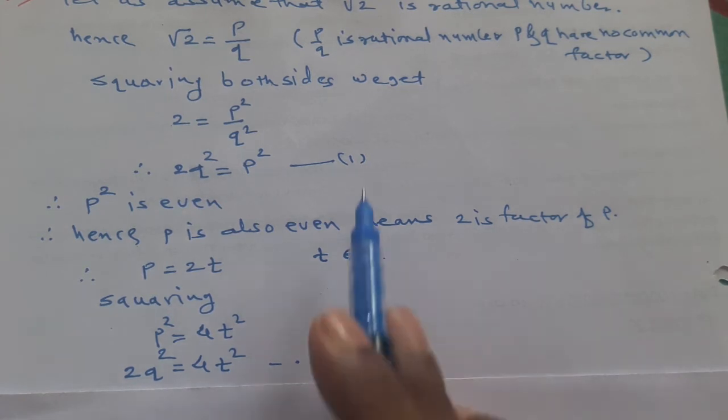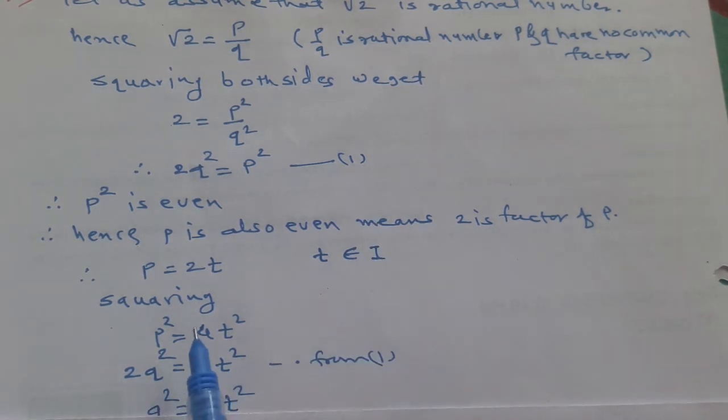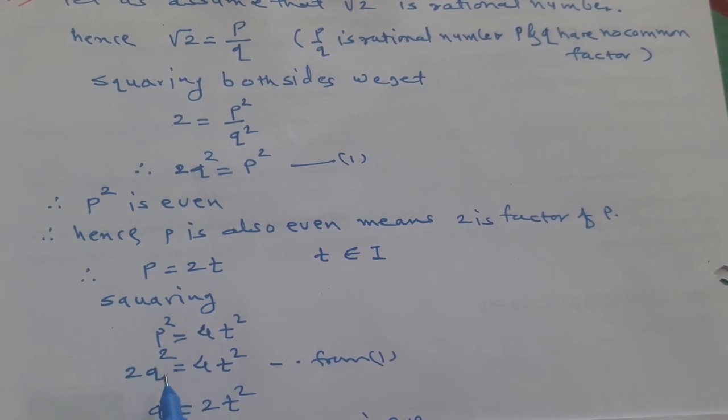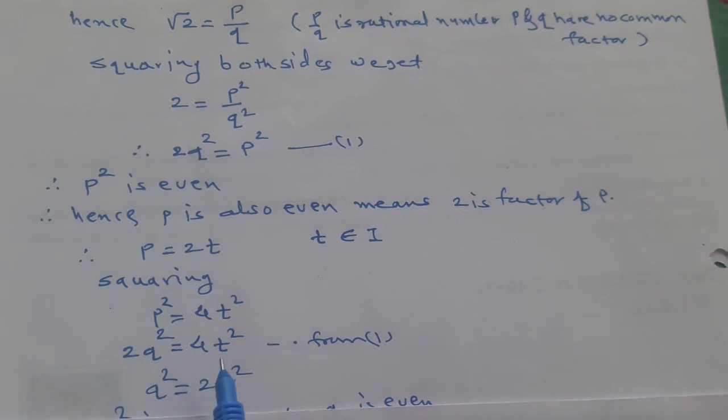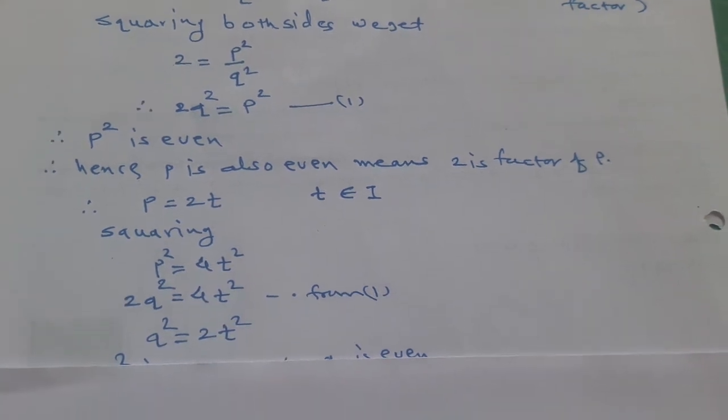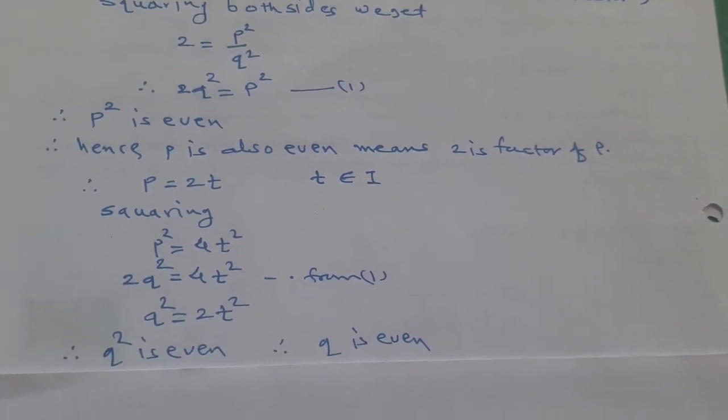Dividing by 2, we get Q square equal to 2T square.